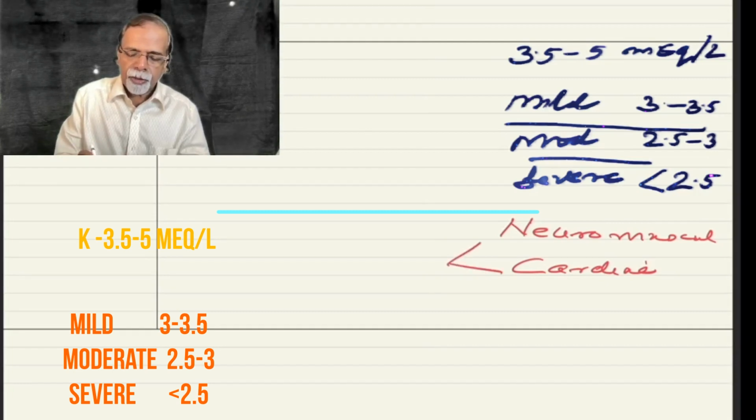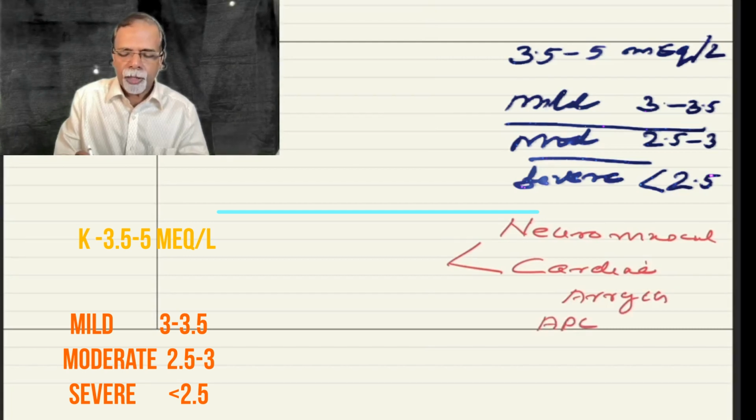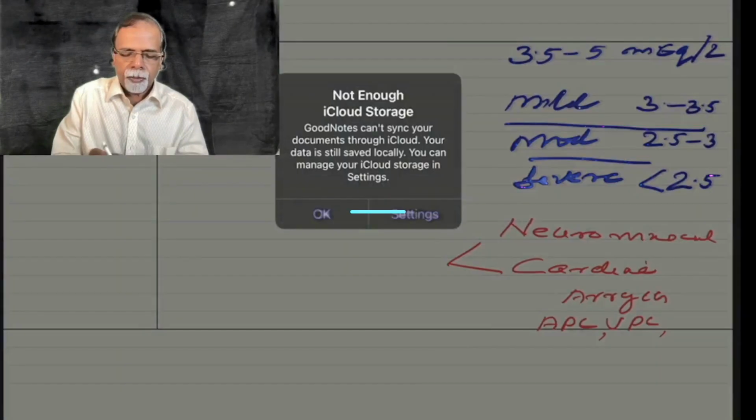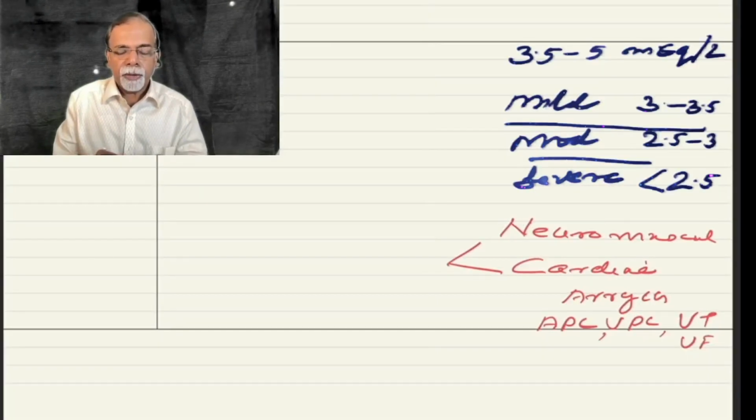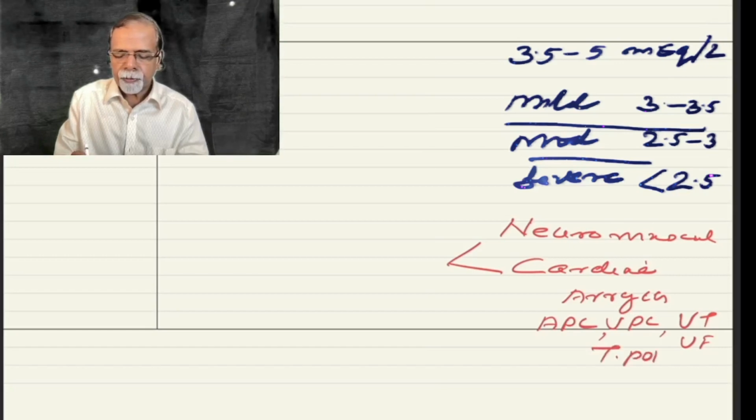In the cardiac, it usually presents with arrhythmias, any type of arrhythmias, starting with atrial premature contraction, ventricular premature contraction, tachycardia, ventricular fibrillation. And very severe hypokalemia can lead on to torsades de pointes. So that is the significance of hypokalemia.